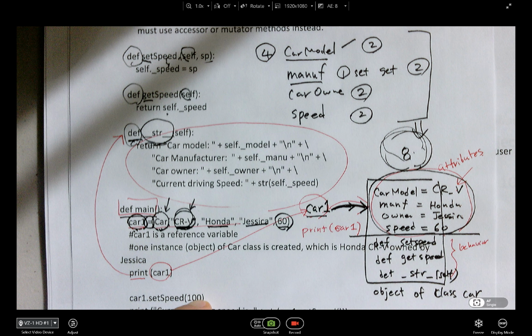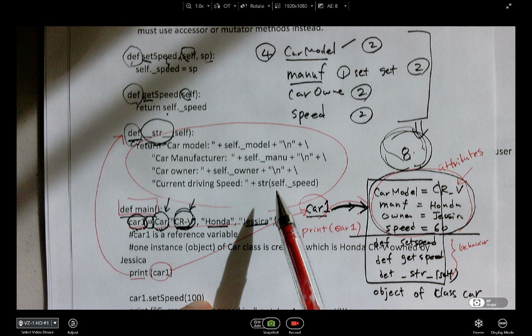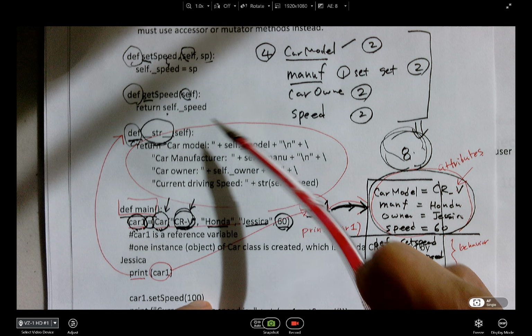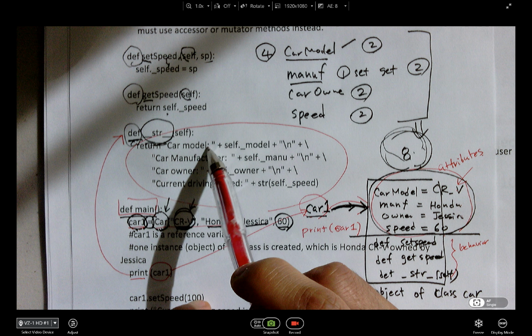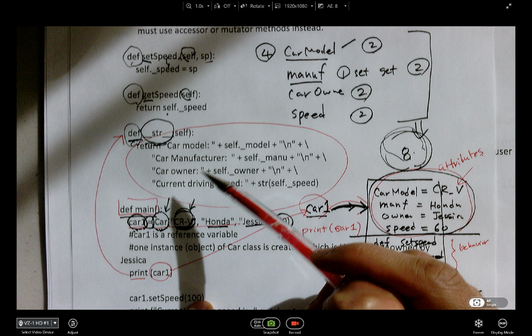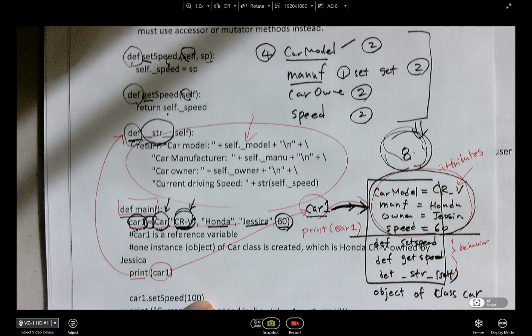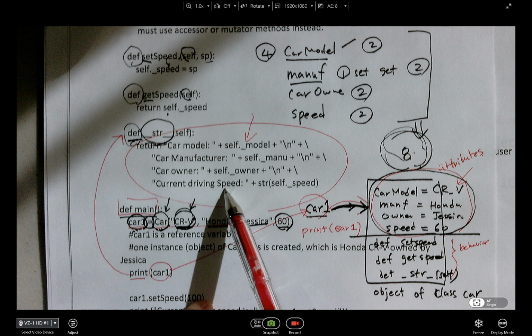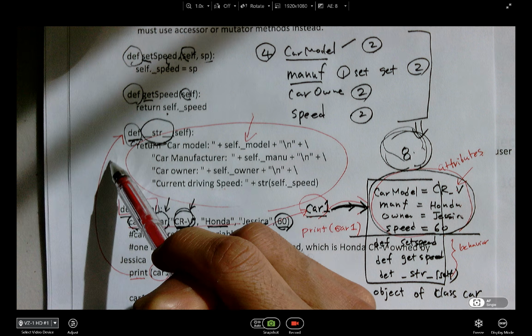Once you implement them, based on your implementation, print will print this stuff instead of a memory location. So let's implement it so that print can invoke this.